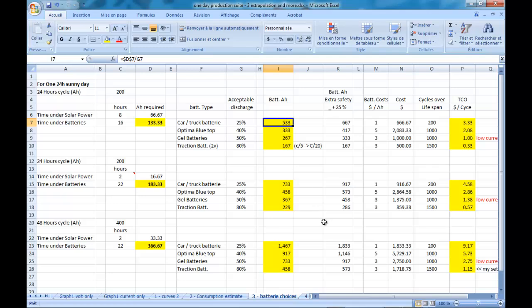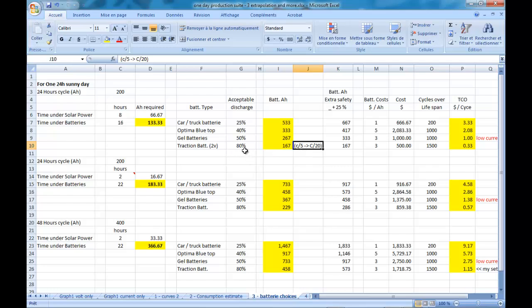And that's interesting. Now if you look at the next table, it's the same thing except I have added an extra 25% for safety. So it's basically the same thing multiplied by 1.25. Now I didn't do it for the traction battery, because the traction battery is given at a standard which you see on 5 hours.